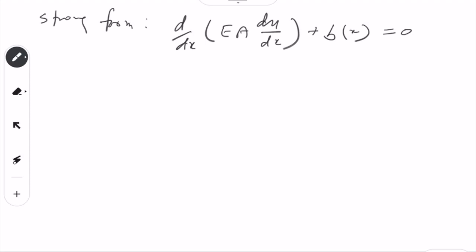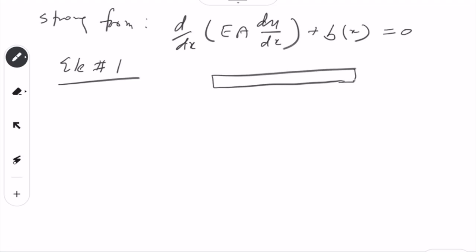So finally, let us look at element number 1, which is 3-noded. Here b is given, which is constant, 10 Newton per meter.